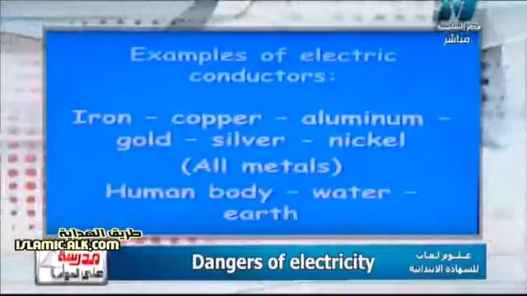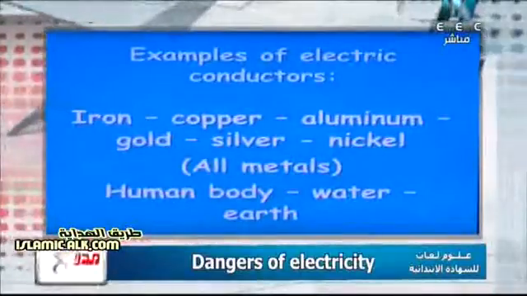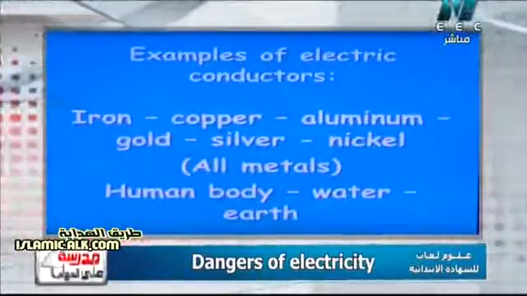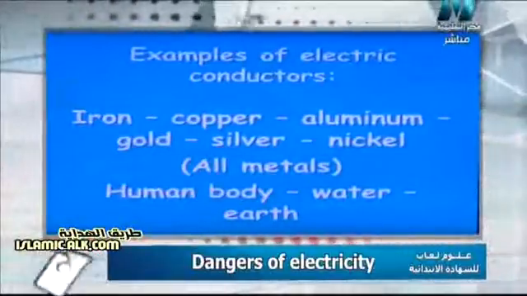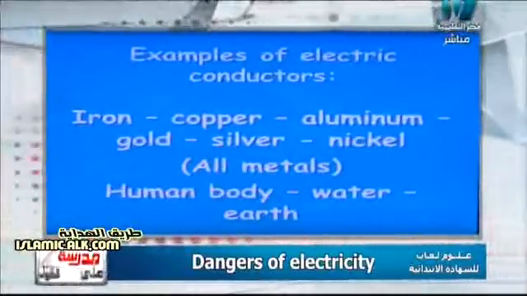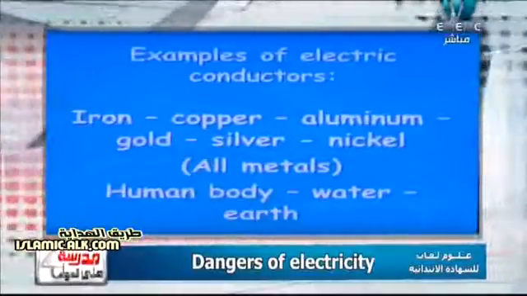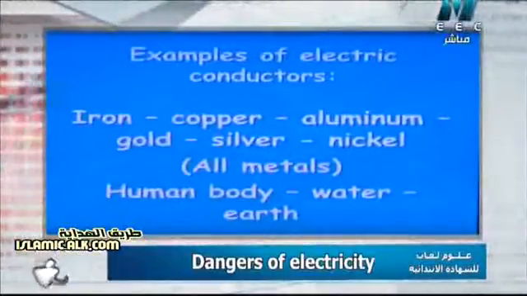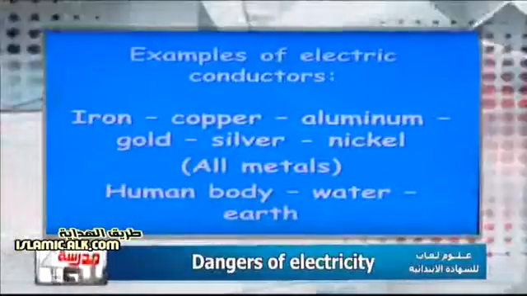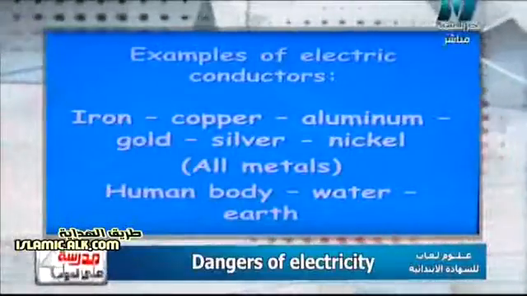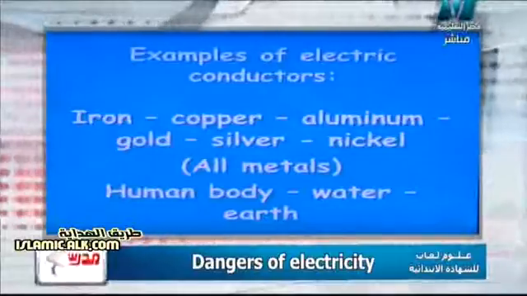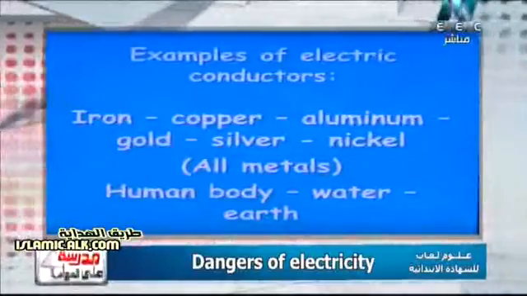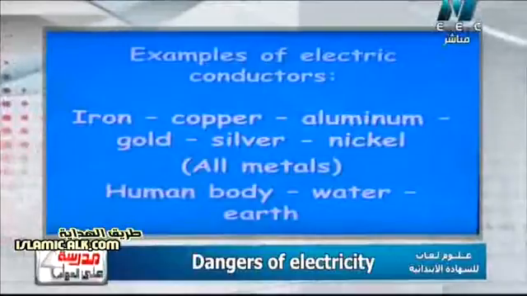And we have other materials such as the human body. Our body itself is a conductor of electricity, so we must take care that electric current never touches our body. Water is also a conductor, and the earth itself, because earth contains salts and many minerals such as metals.